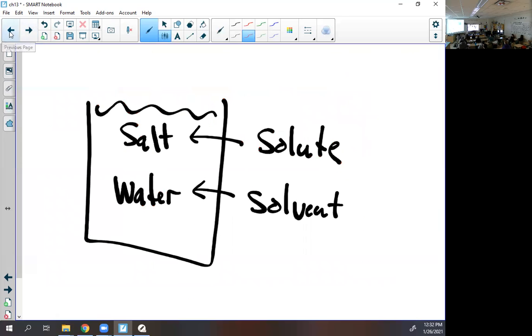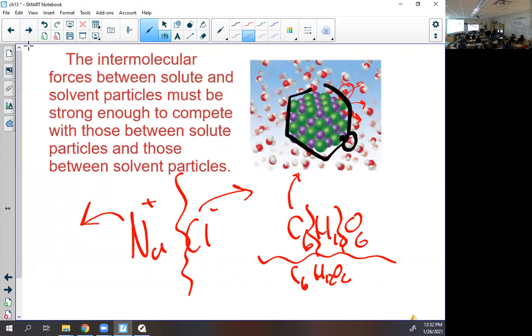So in order to get something to dissolve or make a solution, the intermolecular forces between the solute and solvent particles must be strong enough to compete with those between solute particles and those between solvent particles. Okay, that's a lot of words.